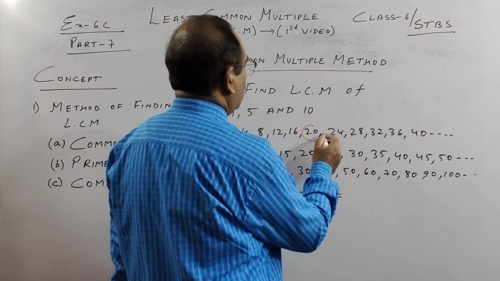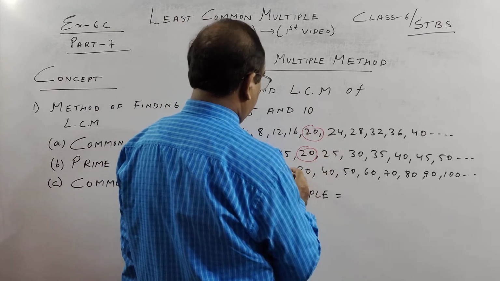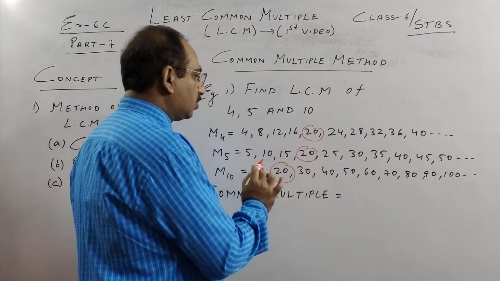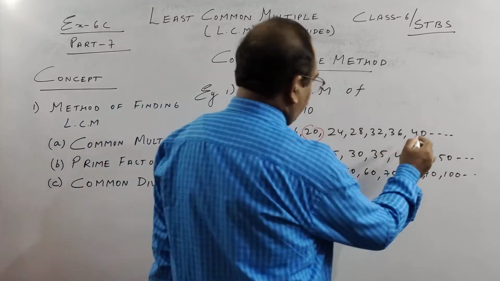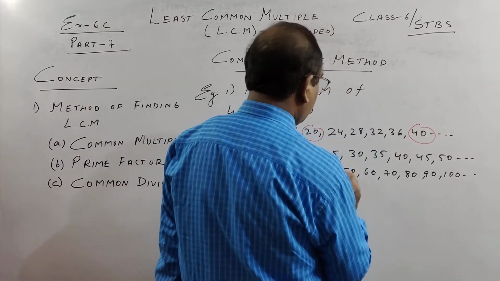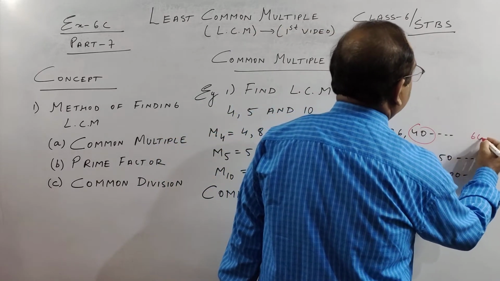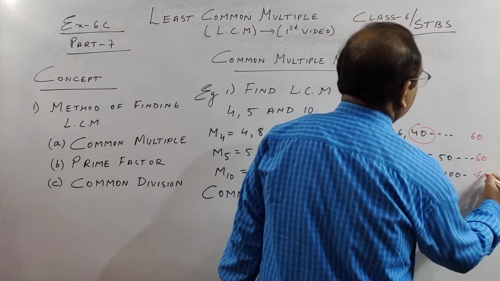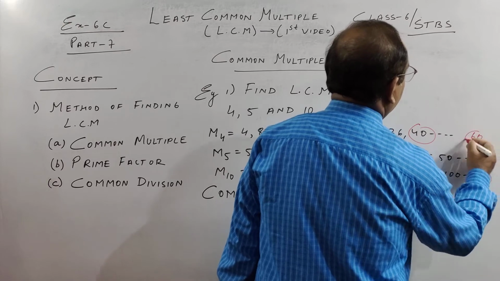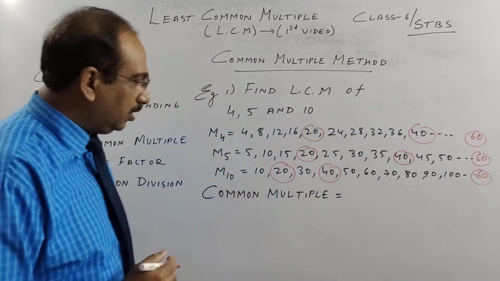You see 20, 20, 20. This is common to all. 40, 40, 40. If you go later on, here also you will get 60, 60, 60. So you will get the table of 20 over there.